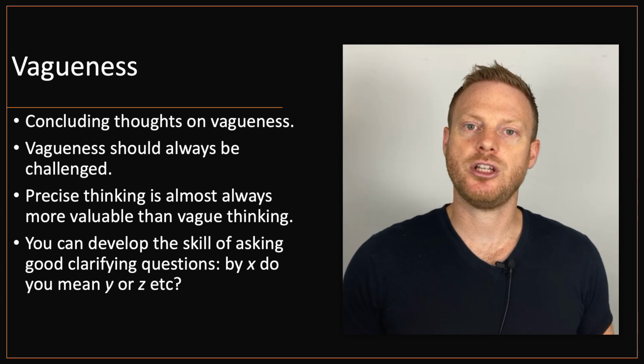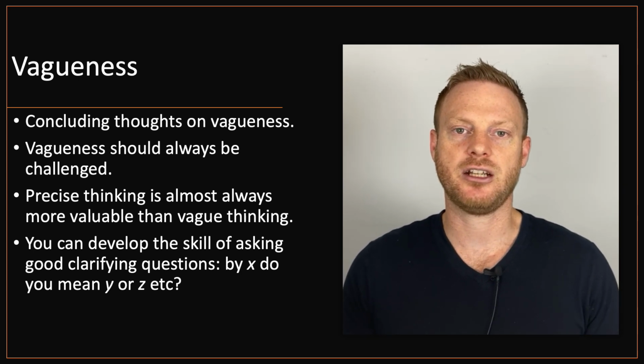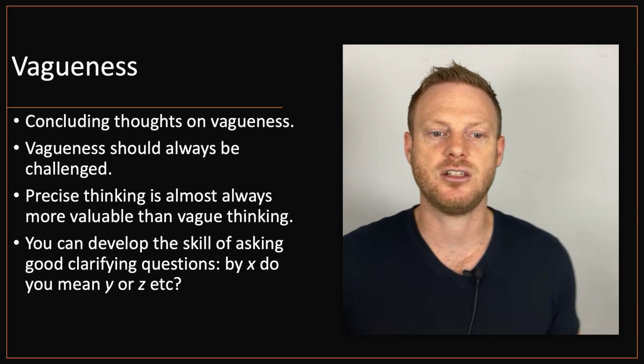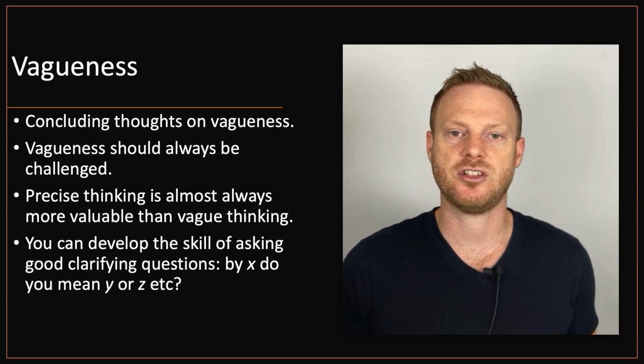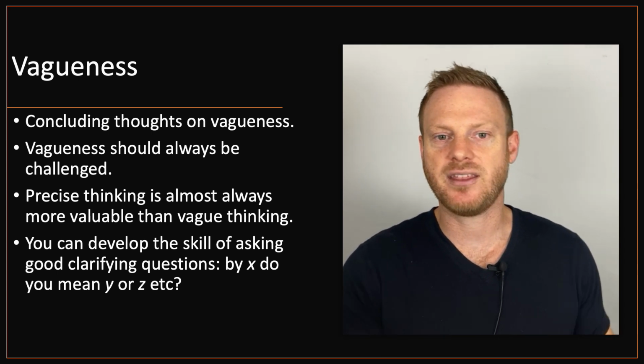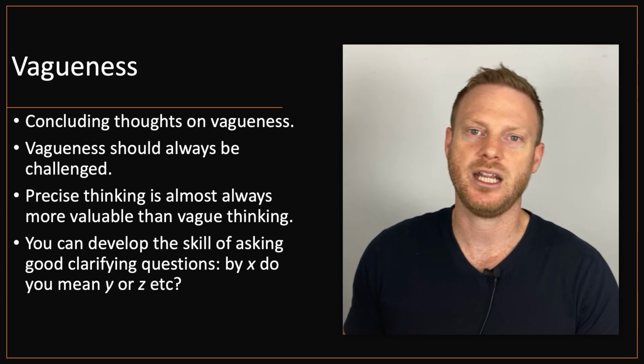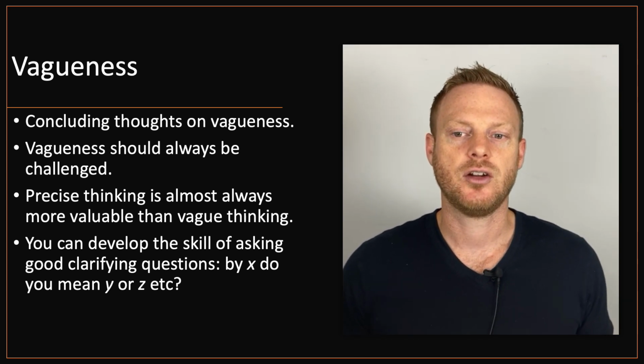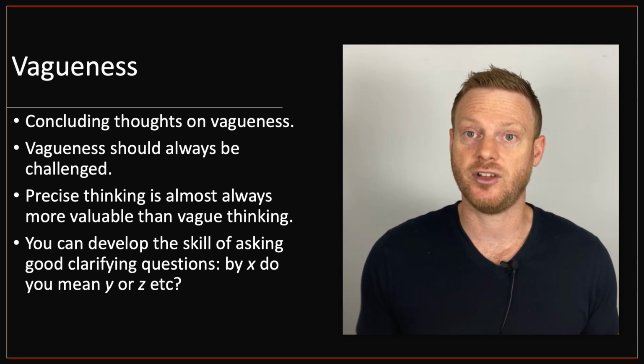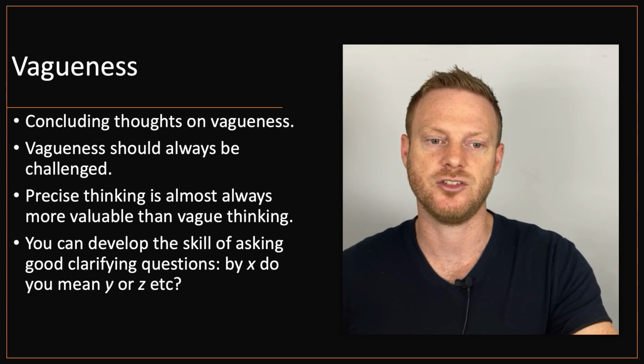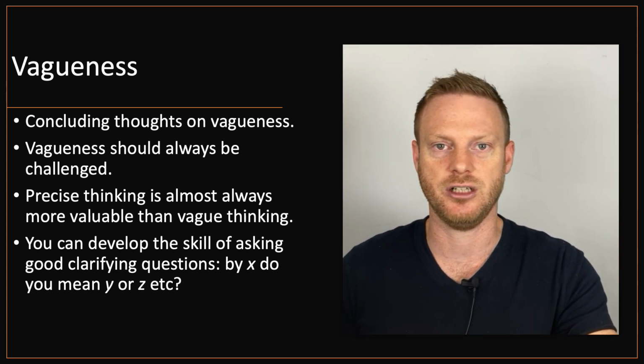So I want you to think about this. If you're in a context where you're noticing vagueness, you can develop the skill of asking good clarifying questions. So you can say, oh, by this term here, we'll call it X, do you mean Y or Z or something else? Those are really good skills to develop in critical thinking. These are foundational skills. Like, what do you really mean by this term over here?